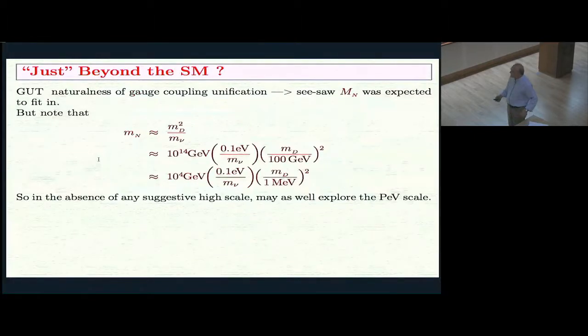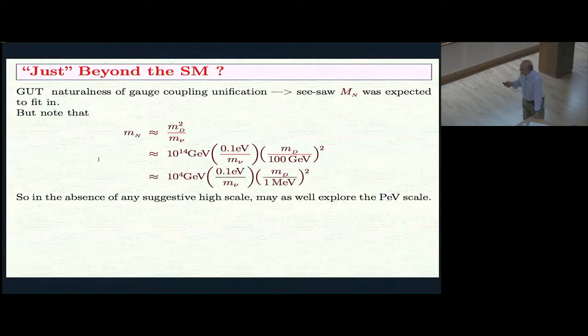So this is some of the things we have been thinking about, that why don't we think in terms of a specific model, and the left-right symmetric model is a good one to work with. Most people have been focused on very heavy neutrinos, because in the seesaw formula, they put the Dirac mass at the Higgs weak scale.